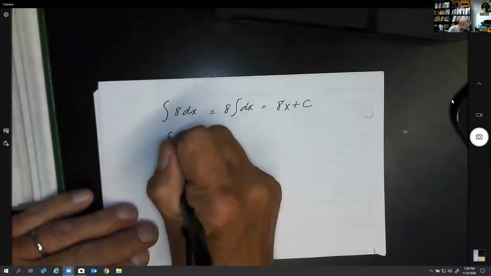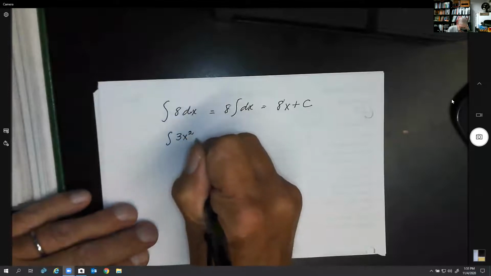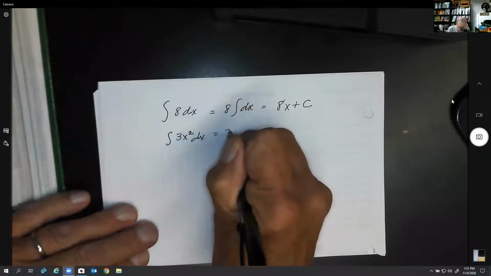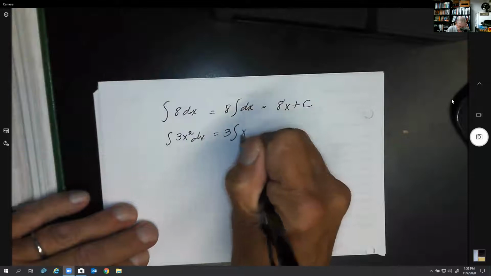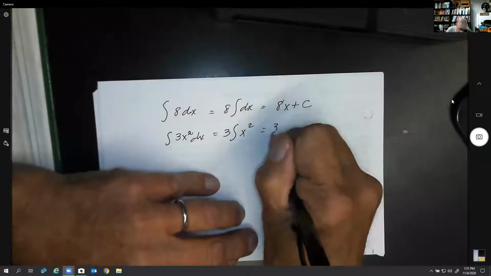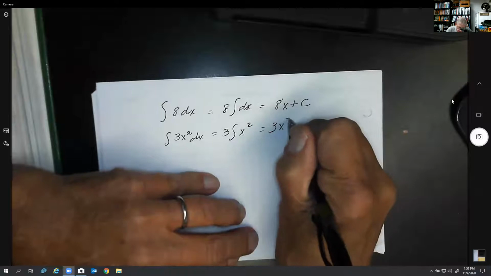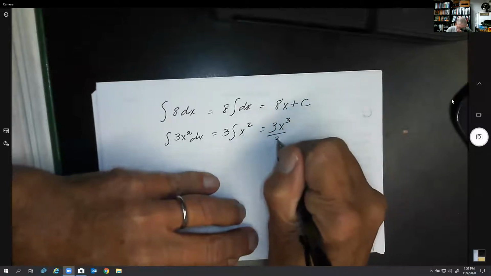Okay, let's try another one here. The integral of 3x squared dx. Well, let's move that 3 out. We've got x squared. This would be 3, and we're going to add 1 to the power and then put it over 3.